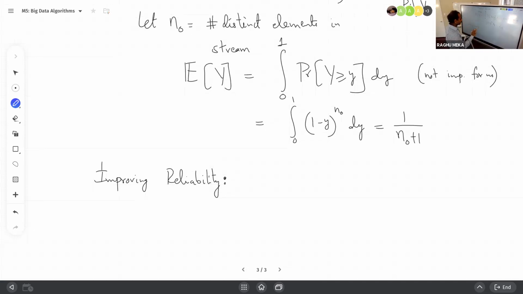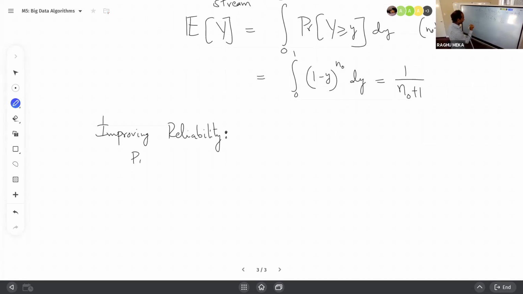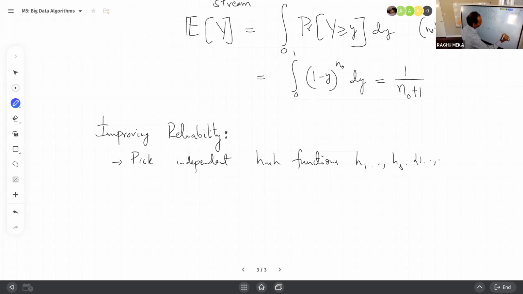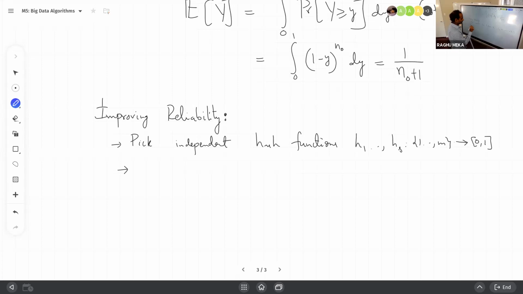I can pick independent hash functions h1 to hs, and you instantiate k counters.